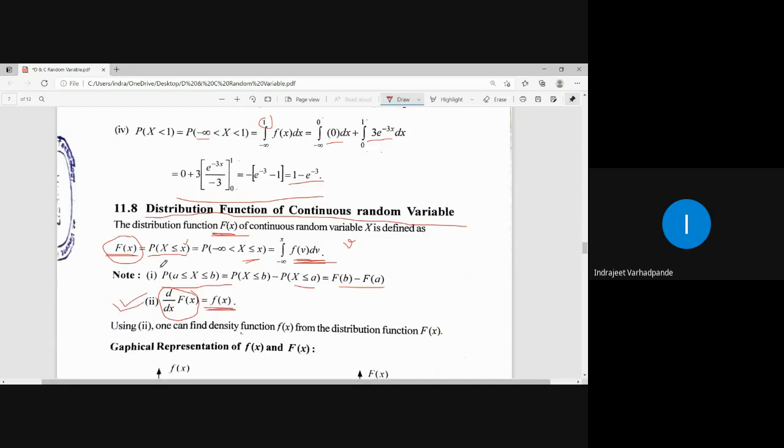In certain examples, whenever we have to calculate the probability density function, we will always be differentiating the probability distribution function so as to get the answer. Clear? So here they have mentioned one can find the density function from the distribution function. Take the derivative of the distribution function, and you can easily get the density function for that. Clear?